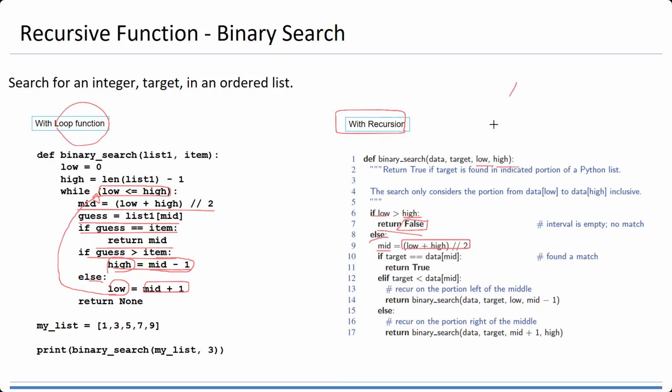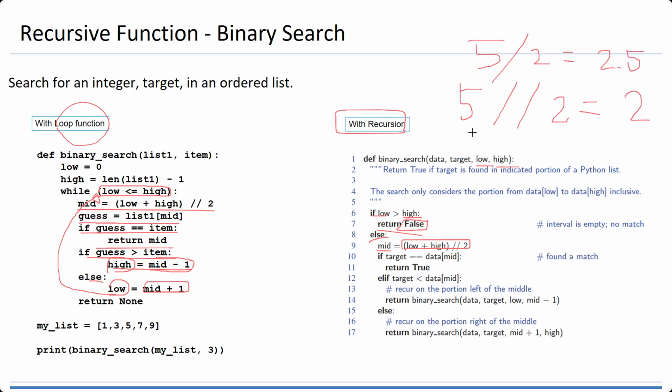So, do you know? 5 double slash 2. The result is 2. 5 slash 2, the result is 2.5.